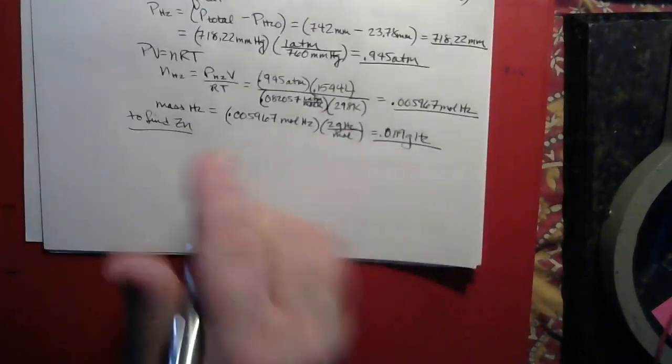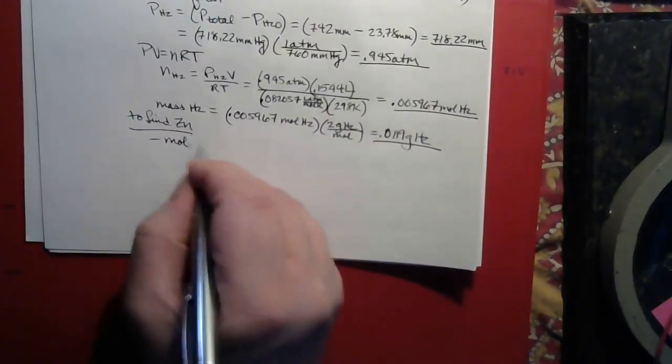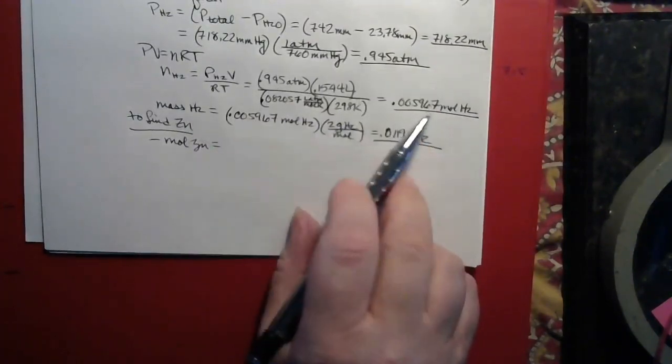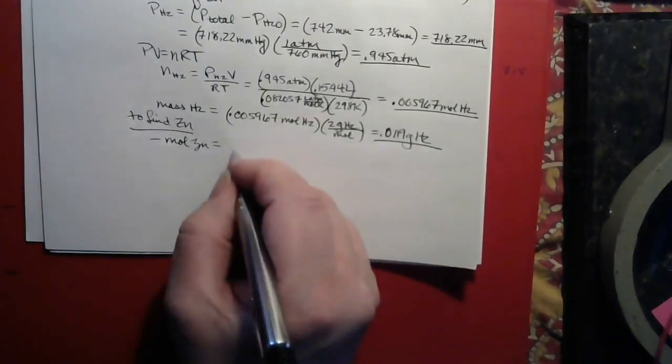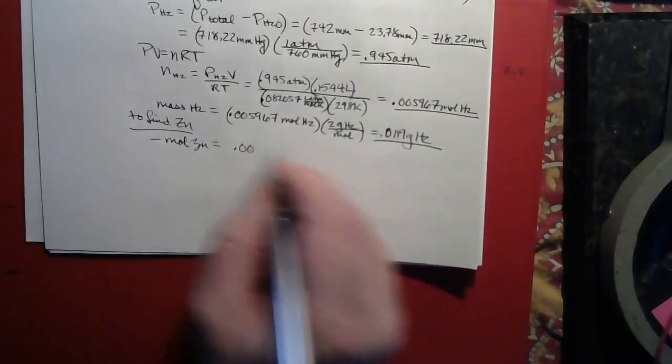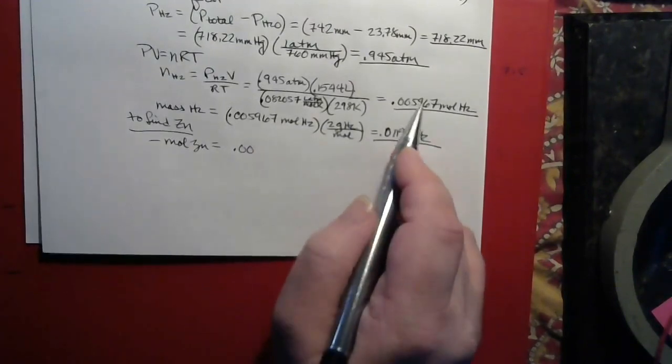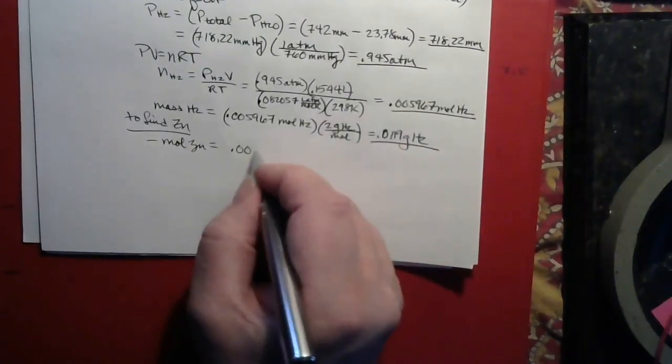Okay, for the zinc, the moles of zinc would just be converting from the moles of hydrogen. And remember, you can't go directly from mass of hydrogen to mass of zinc, but you can go from moles of hydrogen to moles of zinc.